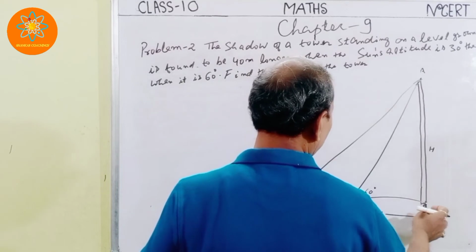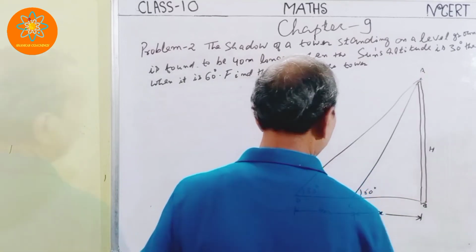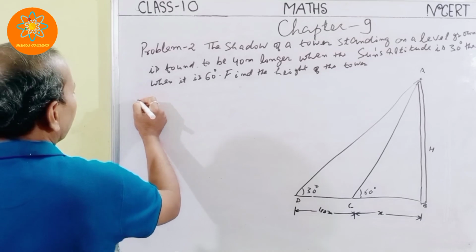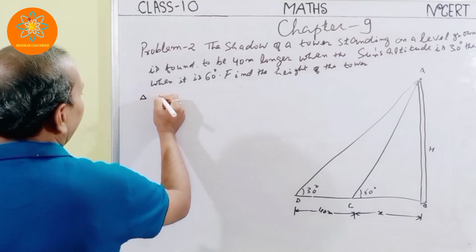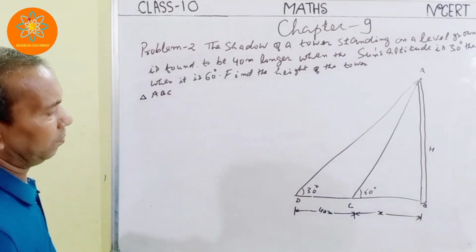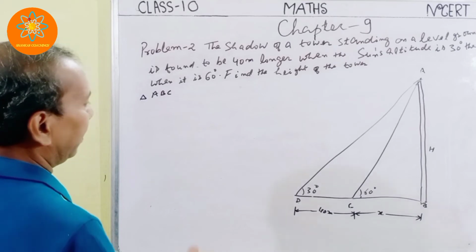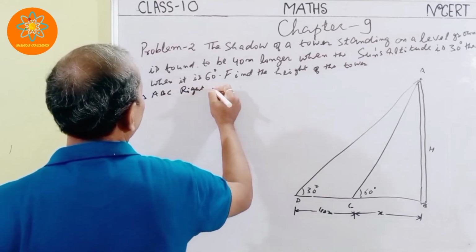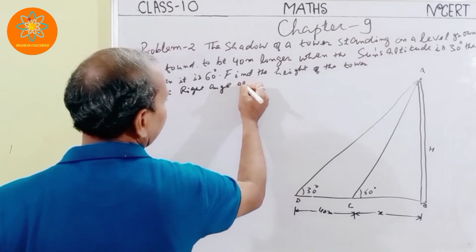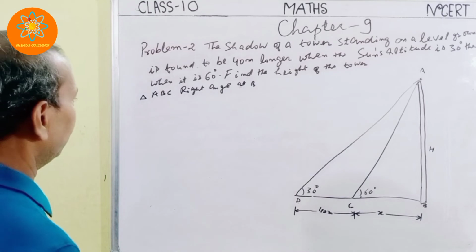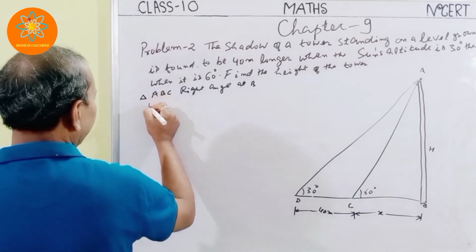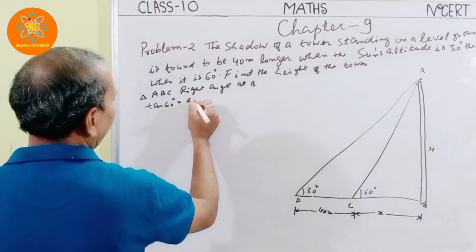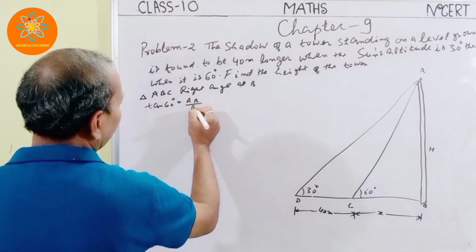So how many right angle triangles are there? One is triangle ABC, and another is ABD. One is triangle ABC, right angle at B. So if I take tan 60 degree, it is equal to AB divided by BC.